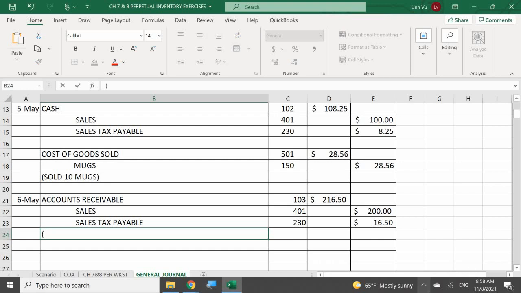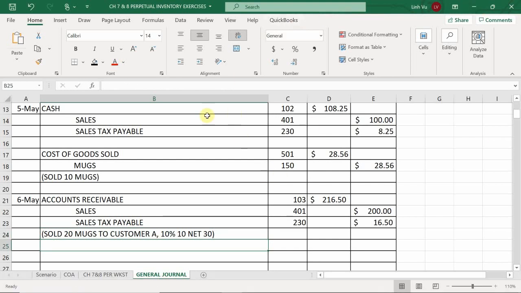So I'm going to write sold 20 mugs to customer A because I gave customer A some terms, right? 10% if they pay within 10 days. If not, they owe me for the full amount in 30 days. Okay.